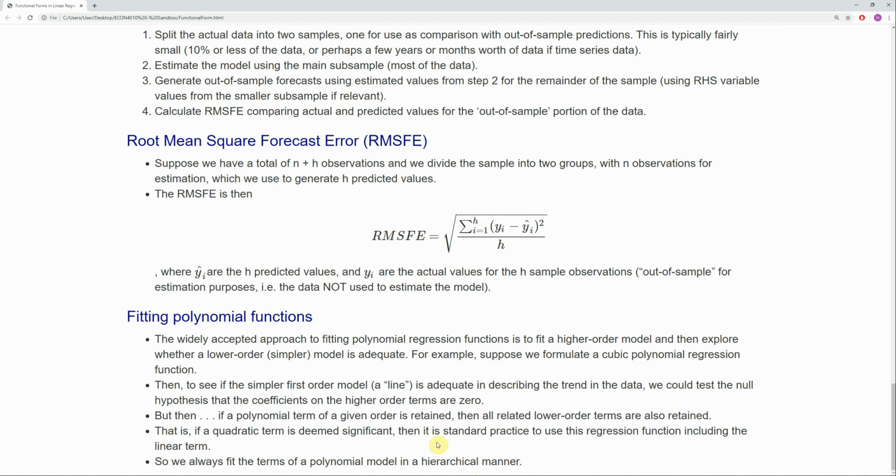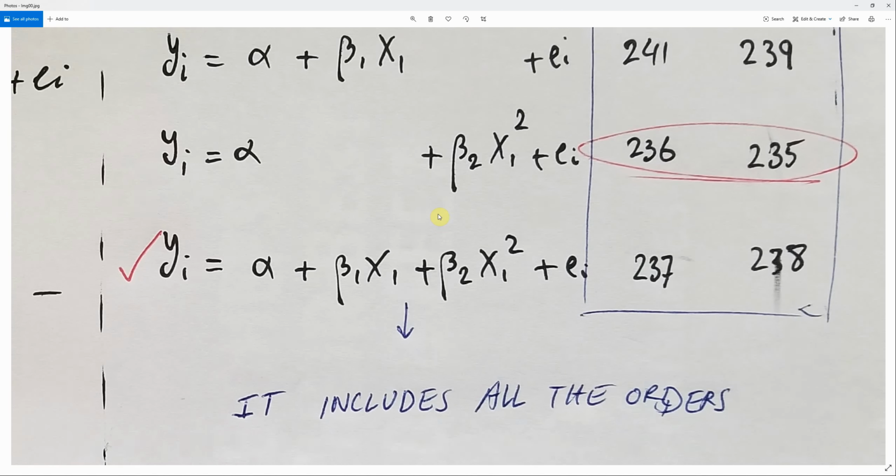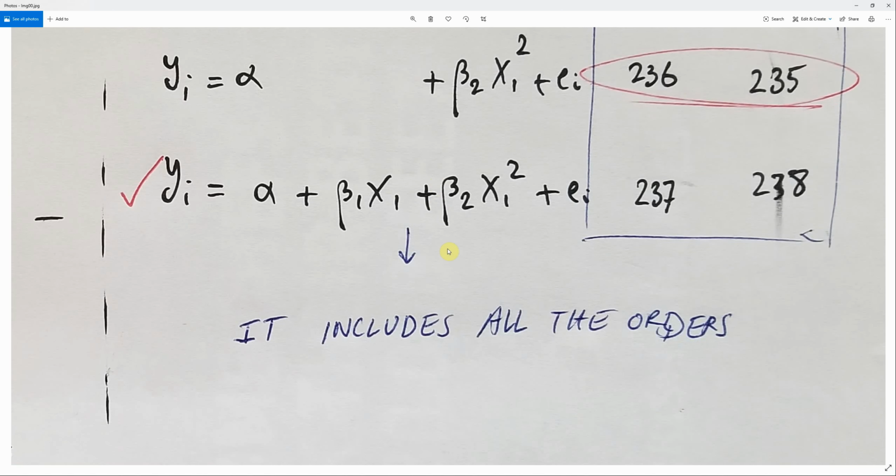If not, we go to the third one and then do the same thing till we get to the first one that is significant. So for instance, in this example, the second one was the significant one, so we include the ones before that even though they might not be significant. So that's why we choose the third model, because it includes all the orders.